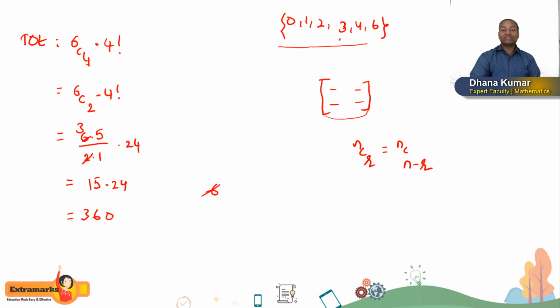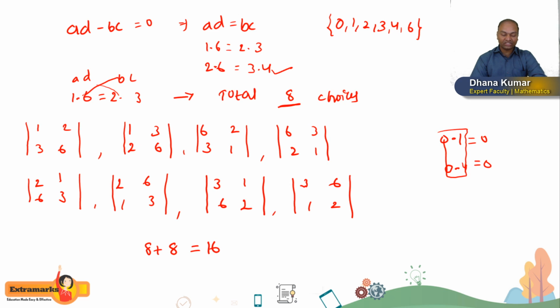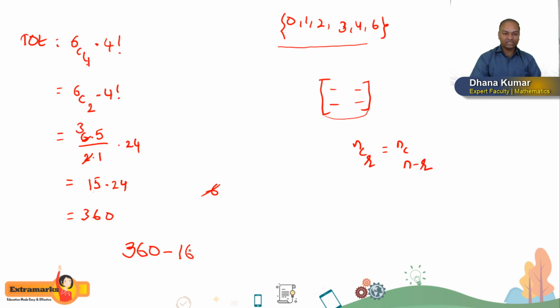Using these 6 elements, how many 2 by 2 matrices are formed with different elements? 360 possibilities. According to our question, the determinant is not equal to 0. So as I told, total possibilities minus determinant equal to 0. But for determinant equal to 0, how much did we get? 16. So 360 minus 16 is 344.